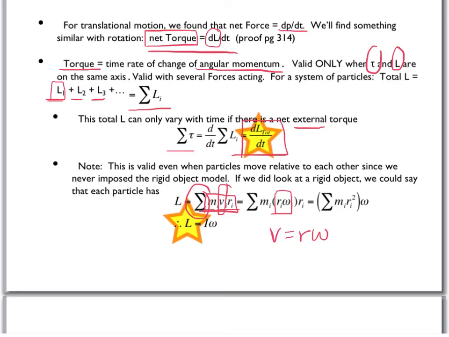And then we could actually pull the omega outside of the summation, because that omega is the same for every little bit of mass, which leaves us with a summation of mr squared.